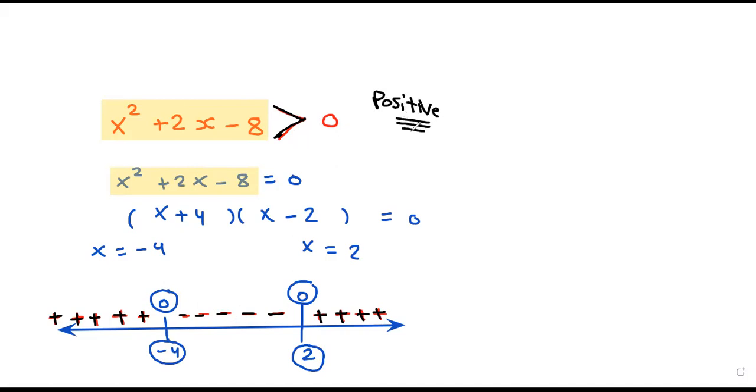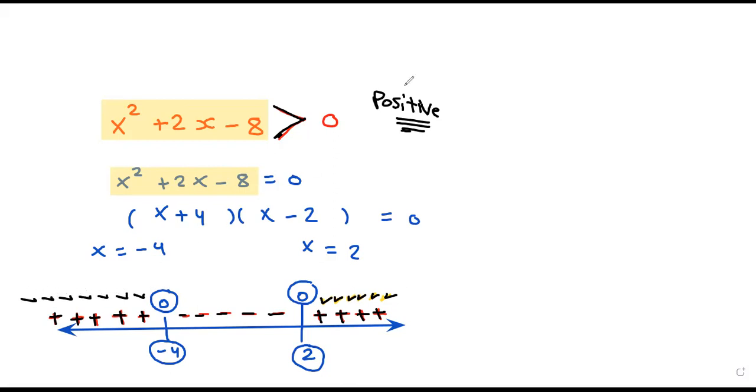So go to the number line and determine the positive values of the expression. The positive values are after 2. So we will take all these values and those less than minus 4.